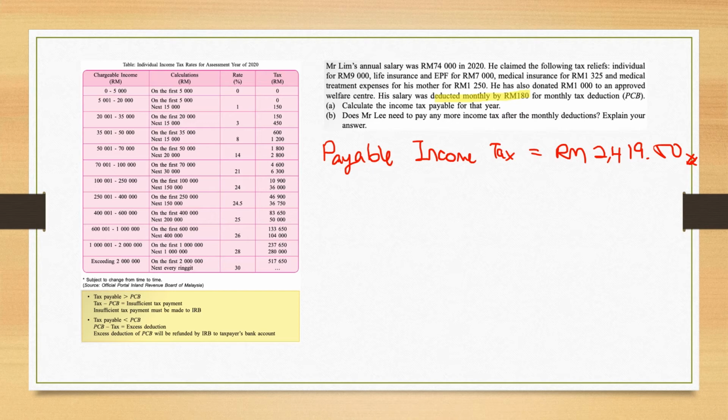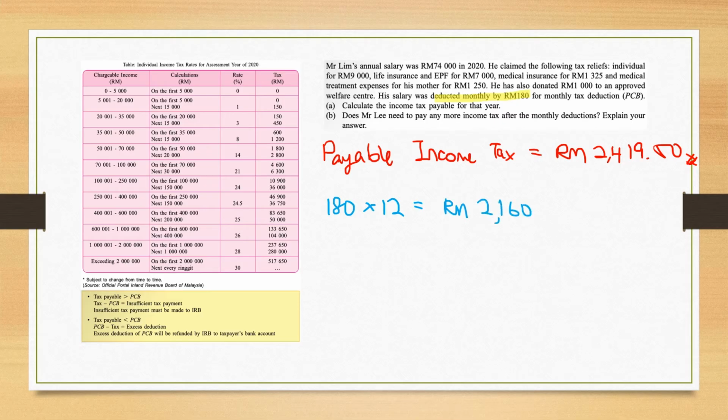Because for monthly tax deduction, you remember the requirement is that it has to be looked at on an annual basis. So 180 ringgit times 12 months would be RM 2,160 ringgit.